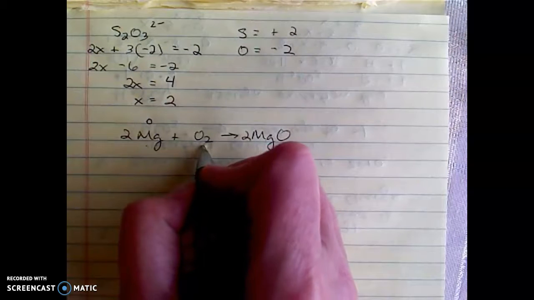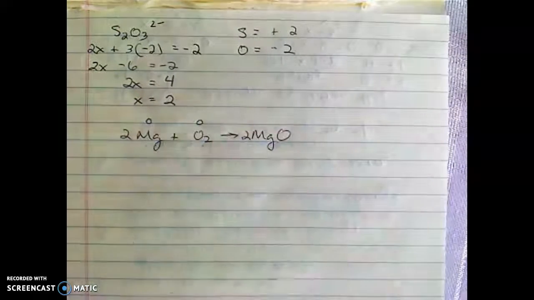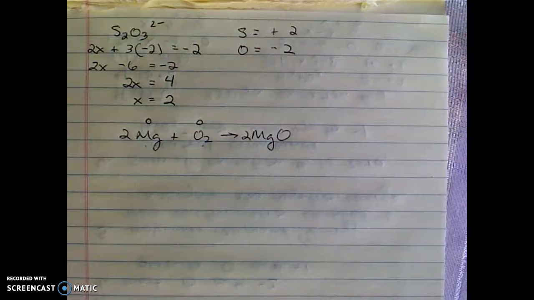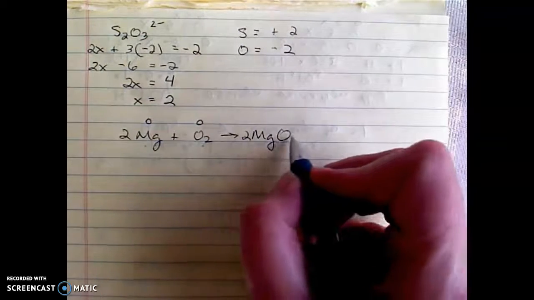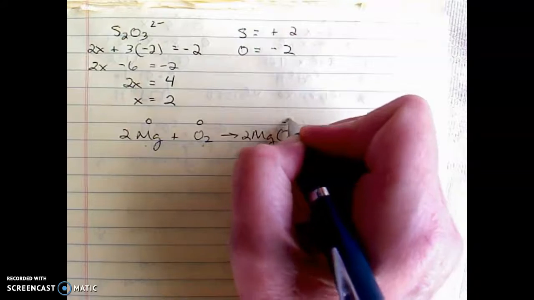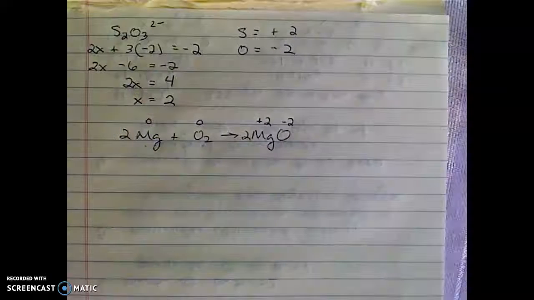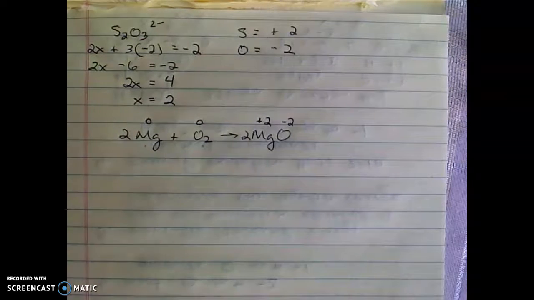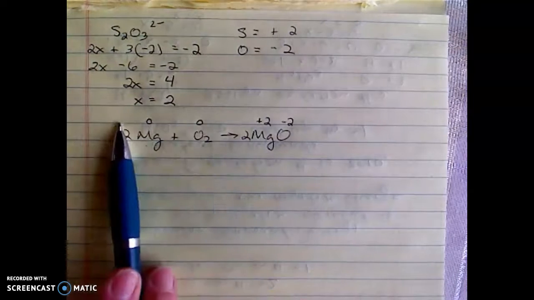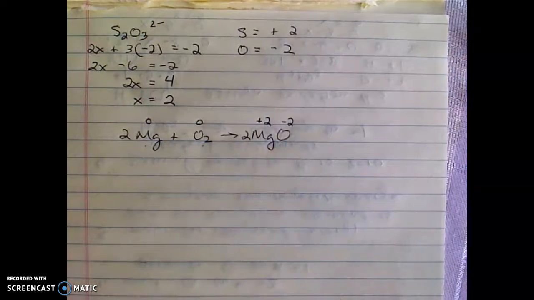Oxygen, even though it's O2, it's still an element, so not combined with any other element, its oxidation state is 0. In this compound, we've got a metal and a nonmetal. Oxygen's most common is a -2, which is correct, which means magnesium would have to be a +2 in order to make that equal to 0. And then in a reaction, if this half is 0, then this half would have to be 0, and again a +2 and a -2 adds up to 0. So it works out perfectly.